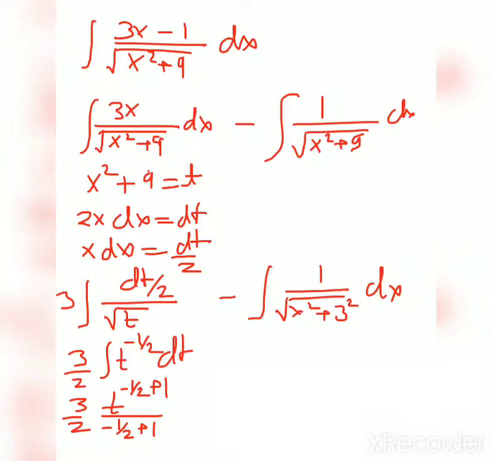The identity we need to apply directly. It will become log mod x plus under root x square plus a square plus c. So this is the question which we could do.